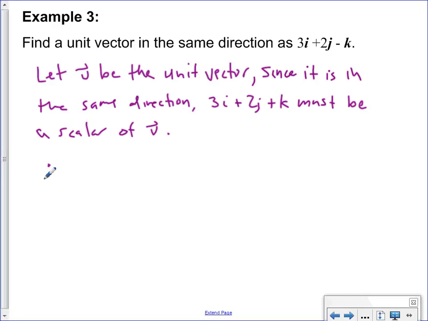Therefore, dot, dot, dot. Everybody know the triangle? Dot, dot, dot.